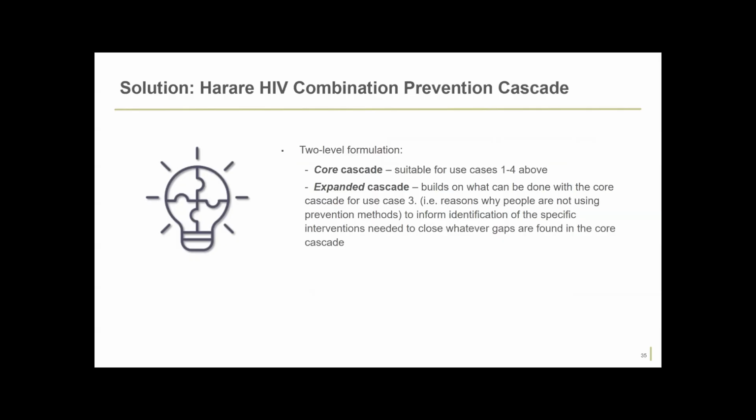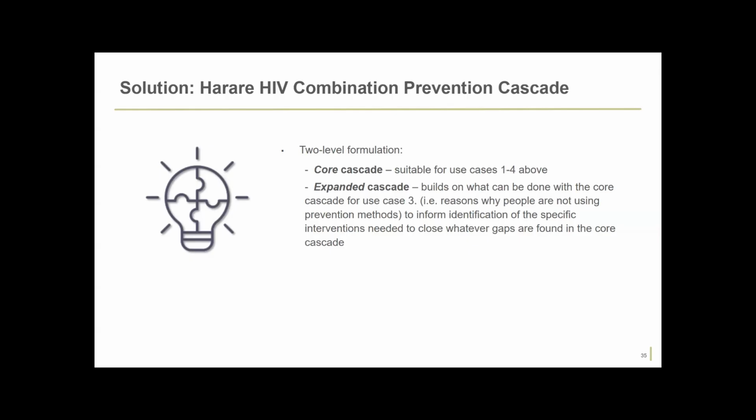So we have 2 levels in these combination prevention cascades. First, the core cascades, suitable for use cases 1 to 4 above, that we have explained. Then we also have an expanded cascade. This expanded cascade builds upon the core cascades, really explaining the reasons why people are not using different prevention methods, so that it will inform identification of specific interventions which are needed to close those gaps.